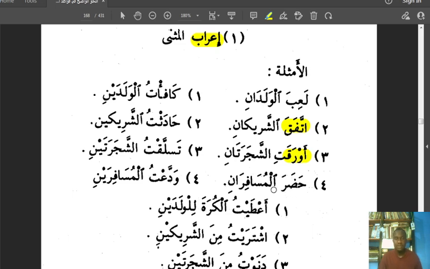Then we have حضر المسافران, sorry, حضر المسافران. The two travelers are present. That is, they've come. Now let's look at something here. All the nouns that we have here are dual: al-waladani, al-sharikani, al-shajaratani, al-musafirani. They are all dual.